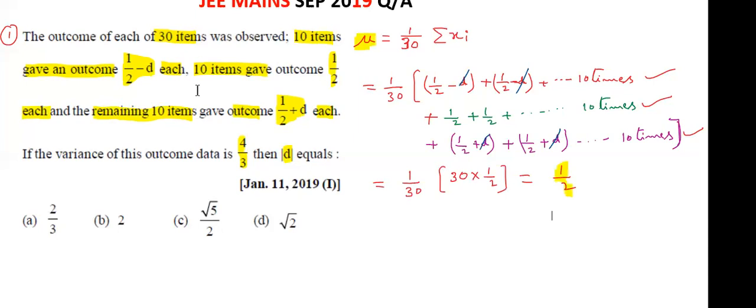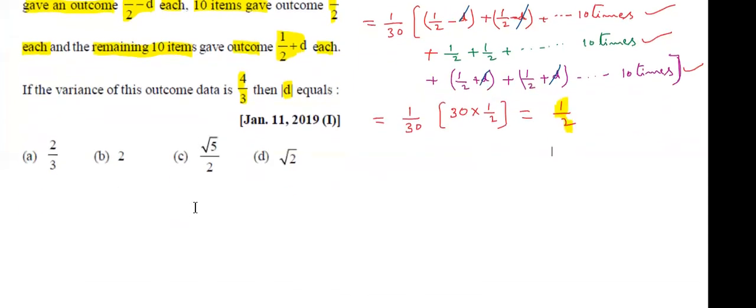But here the variance is already given, 4/3. First of all, what is the variance formula? Sigma square is equal to 1/n into sigma xi square minus mu square, the mean square.